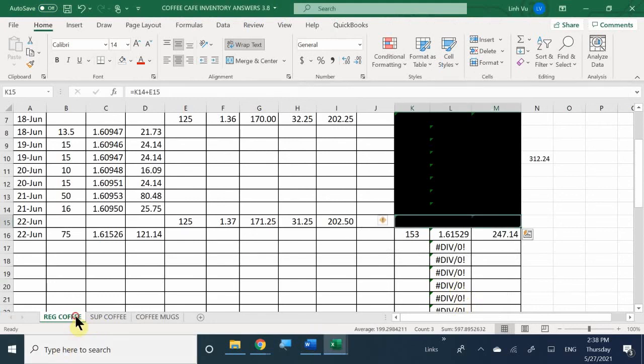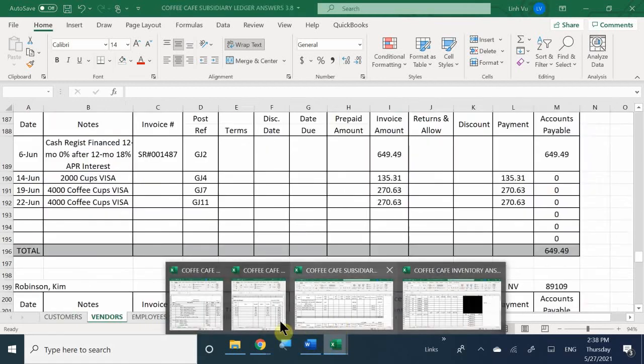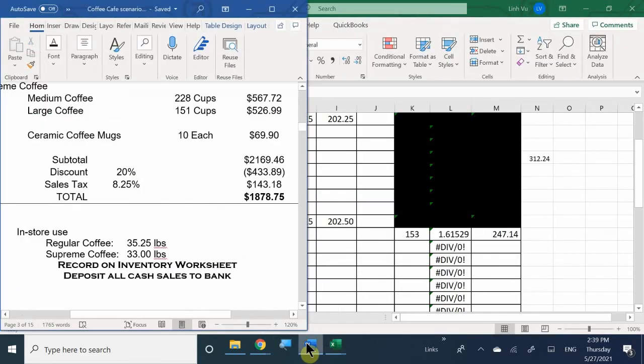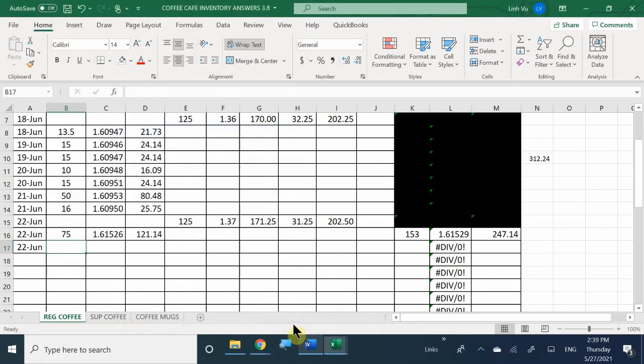Since we're going to figure out our cost of goods sold, first we're going to start with the regular coffee, 622. We sold 35 pounds. Well, we sold 35.25 pounds, so 35 and a quarter.